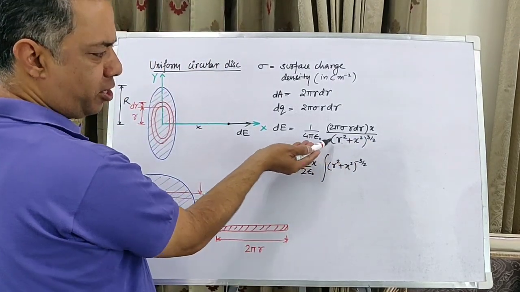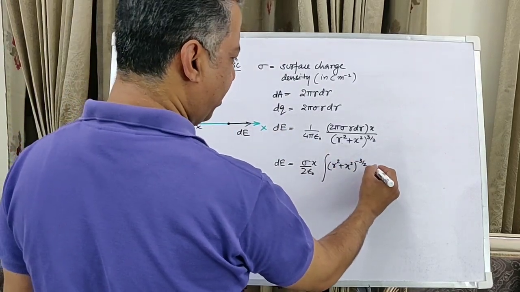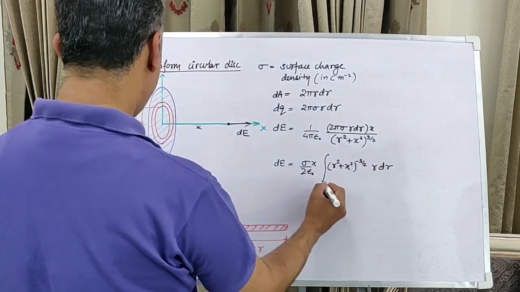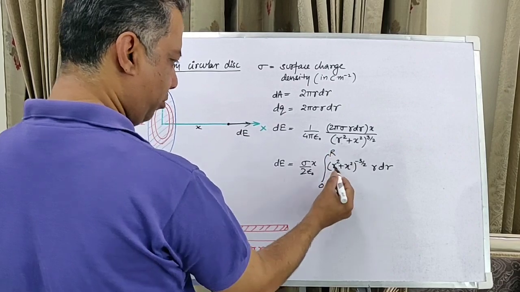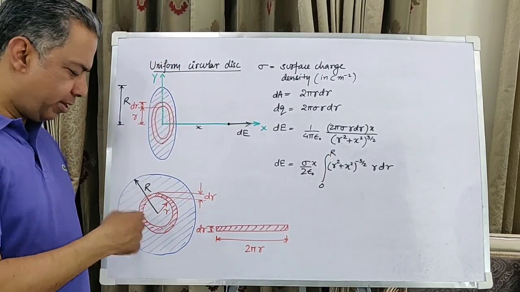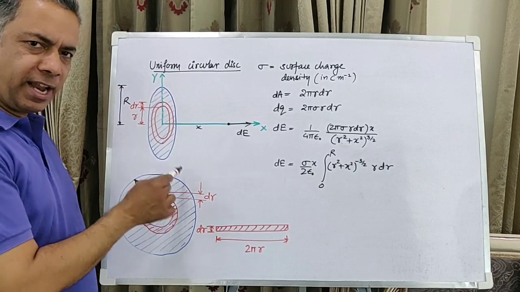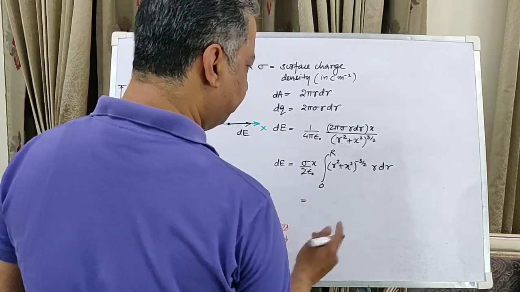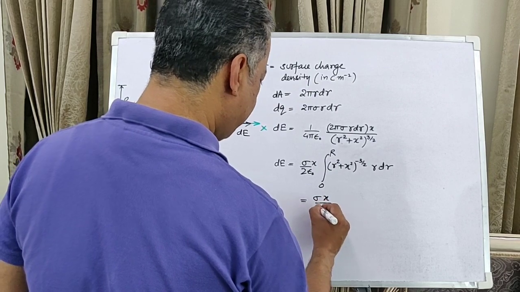I take this from the denominator onto the numerator, and so the power becomes negative, followed by r and then dr, and we are integrating from 0 to R. Those are the limits for small r. If you're doing a summation for all the rings, the innermost ring has a radius 0 and the outermost ring will have radius capital R. So sigma x by 2 epsilon naught.